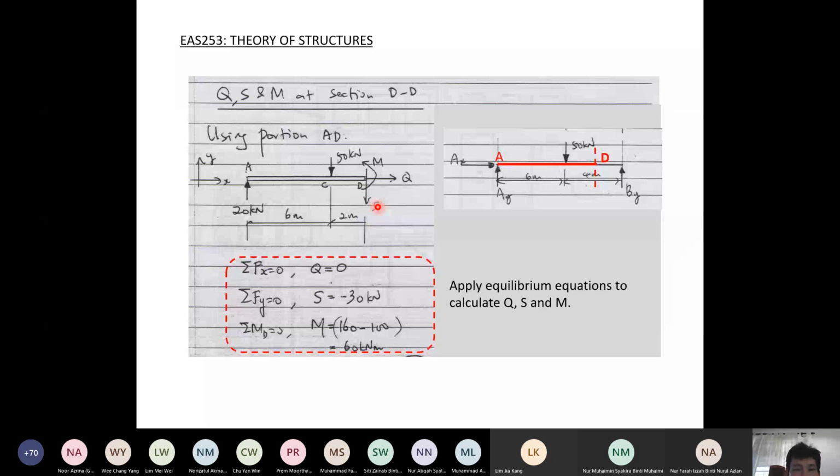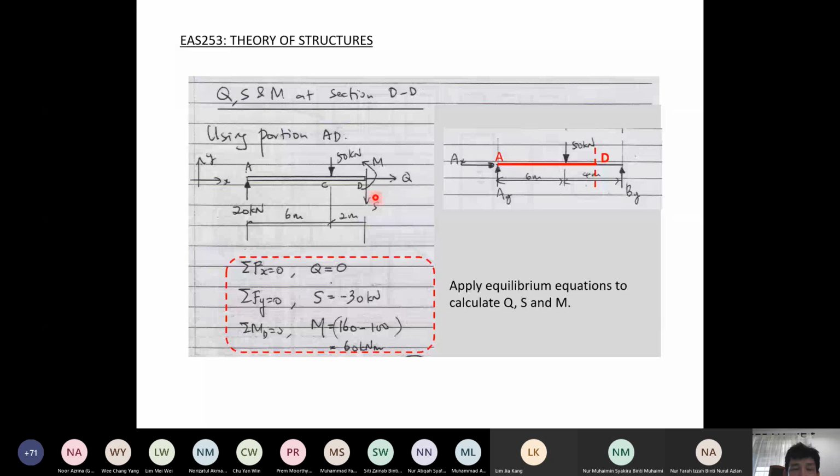So if you take moment at the cut section, then S does not cause any moment. So even if you make a mistake in shear force, at least your bending moment is still correct, provided your moment equation is written down correctly.